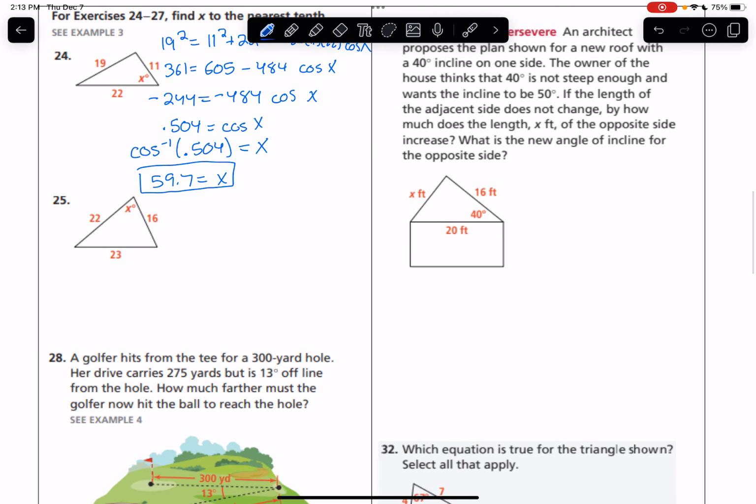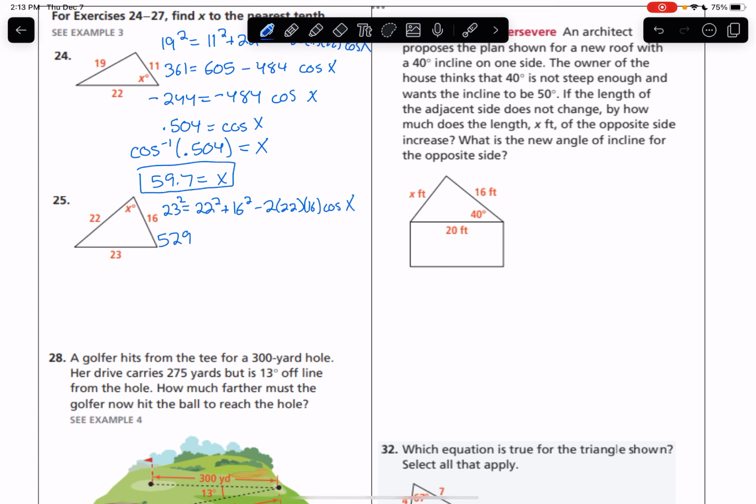Number 25. We've got the same scenario there. Start with the side length opposite the angle. So 23 squared is equal to 22 squared plus 16 squared minus 2 times 22 times 16 cosine of x. And then we solve.